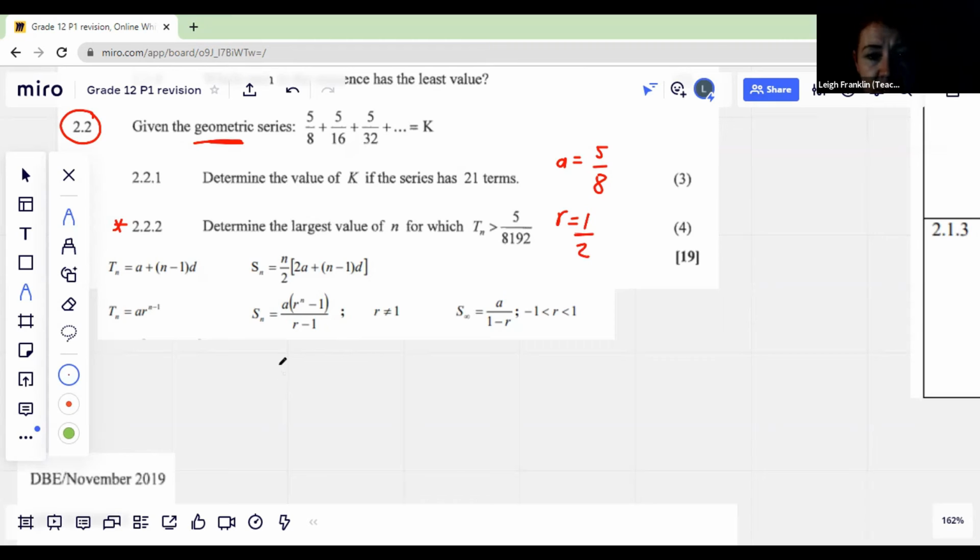Okay, so this is going to be 5 over 8 multiplied by R, which is a half, to the power of n minus 1, greater than 5 over 8192.